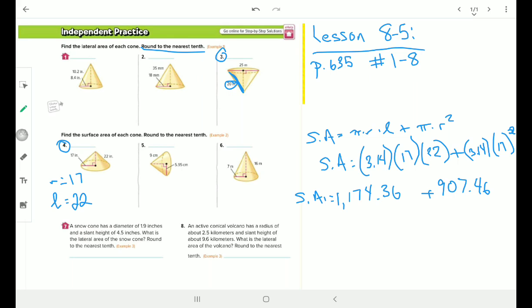Now if I add those two together, I get a surface area of 2,081.82, and I need to make sure I'm rounding to the nearest tenth, so that is actually going to be 2,081.8. My unit is inches, and it is going to be squared since I'm dealing with area.